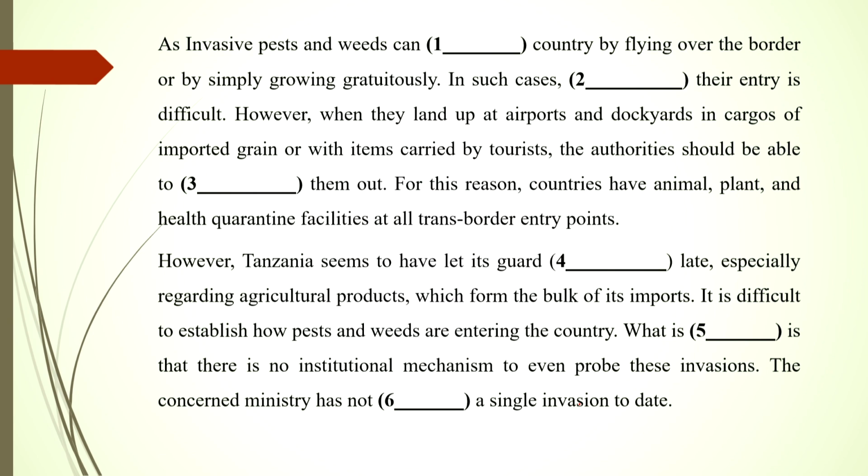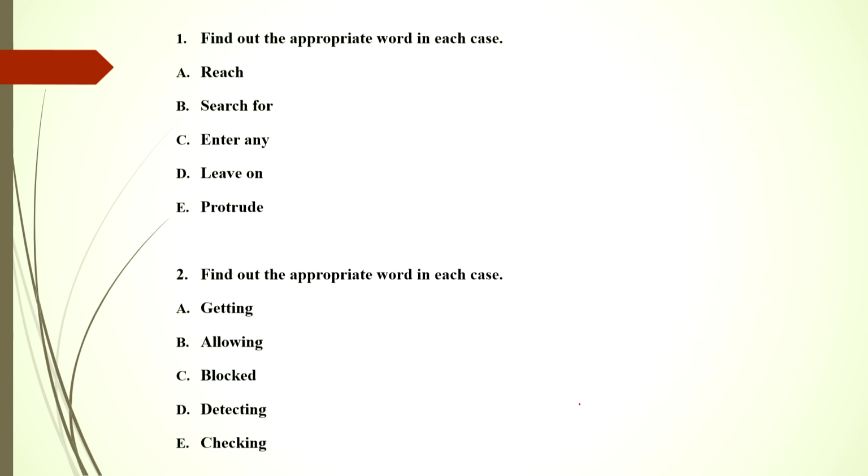So, in case of blank 1, on reading the sentence, the concerned sentence implies what invasive pests and weeds can do by flying over the border of a country. So, let's analyze our options. Reach is incorrect as the phrase reach country will not convey a coherent sentence. We need a determiner for the noun country.